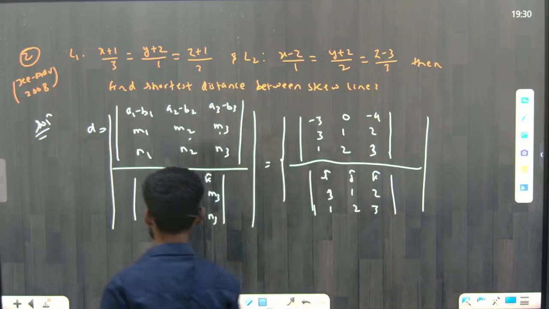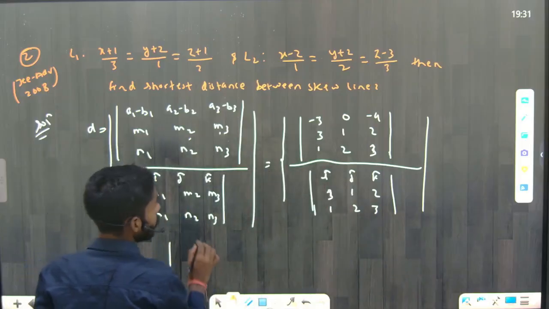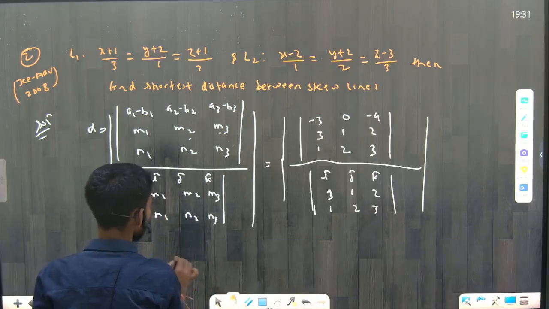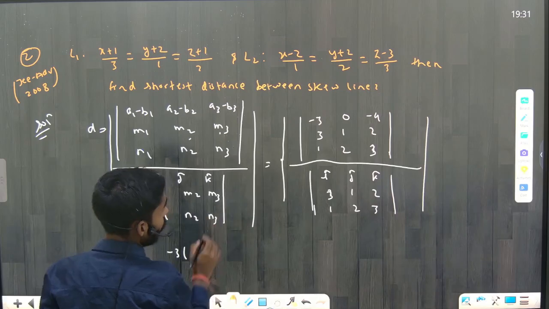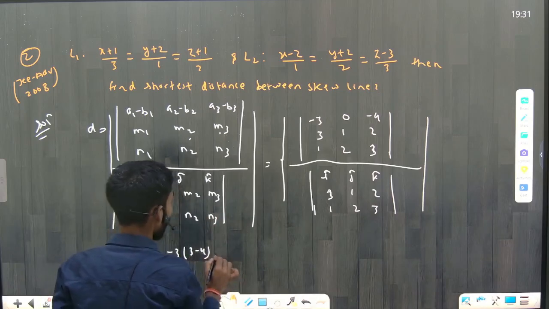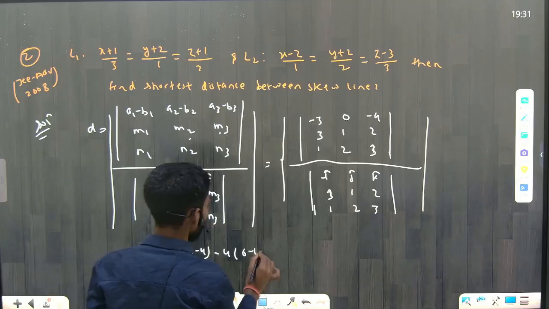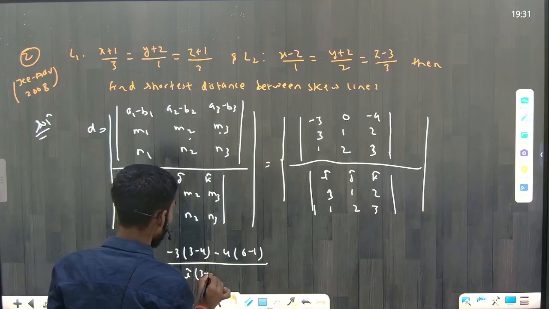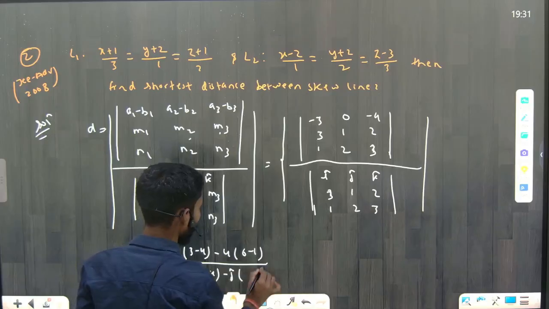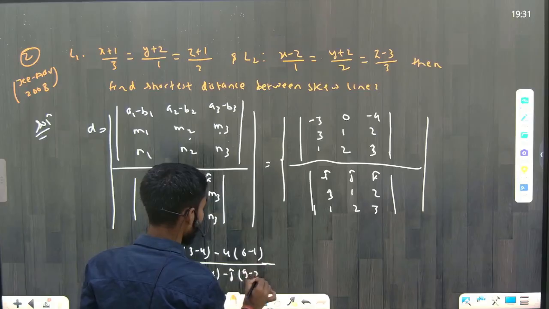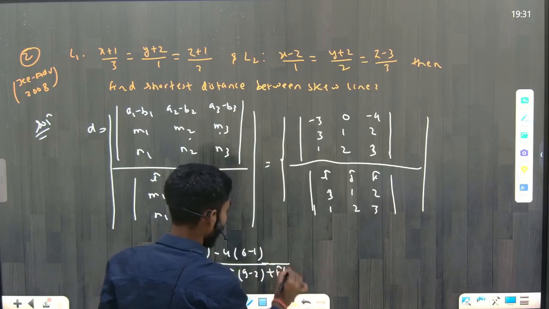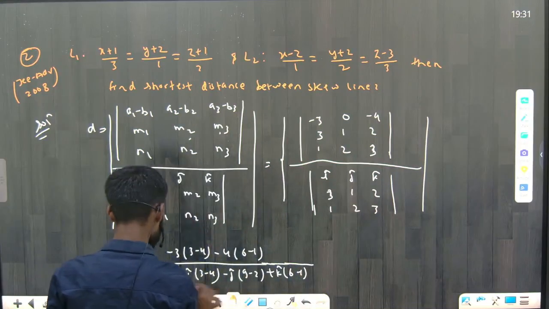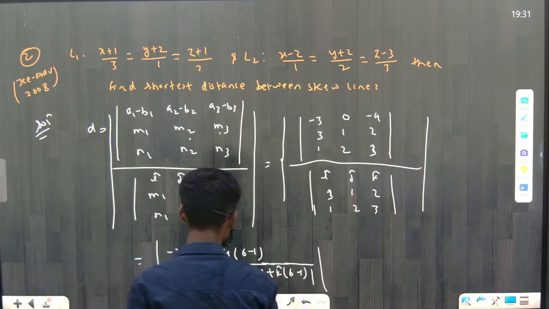Then solve this. Minus 3, 3, minus 4, minus 4, 6, minus 1, divided by i cap, 3, minus 4. Minus j cap, 9 minus 2, plus k cap, 6 minus 1, and take the modulus outside.